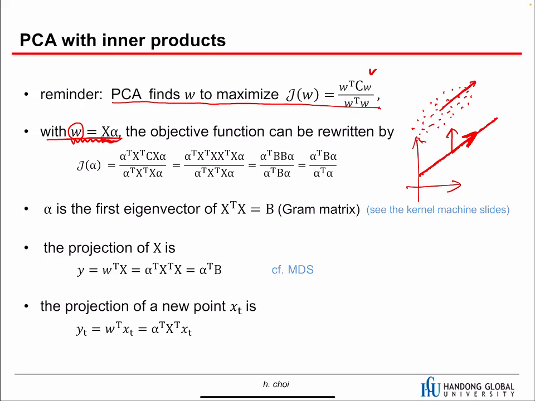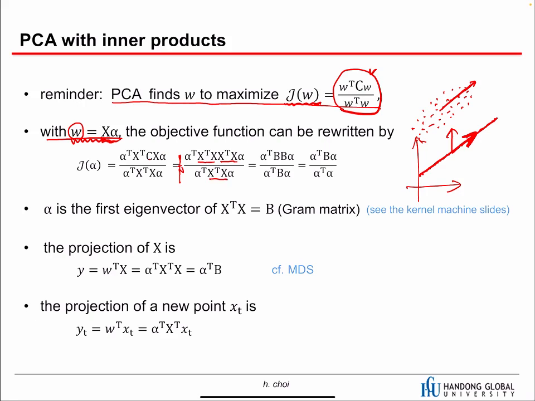And then we can rewrite these objective functions. This one was like this, and then instead of W we can use X alpha. So W transpose is alpha transpose X transpose, and C X alpha. Now we can replace this covariance matrix with X transpose X. Yes, there is 1 over n, but this is not important, it's just a constant, so we cancel it. If we look at this equation in a different way, we have two inner products here and one inner product here.